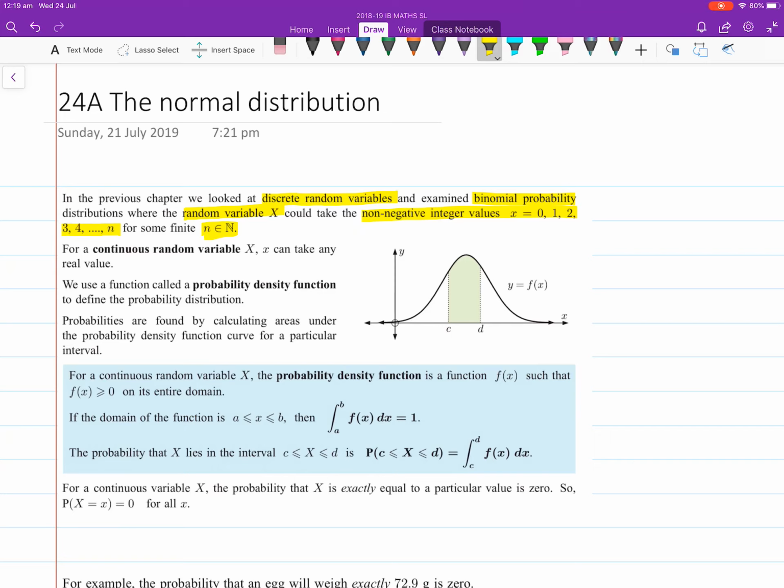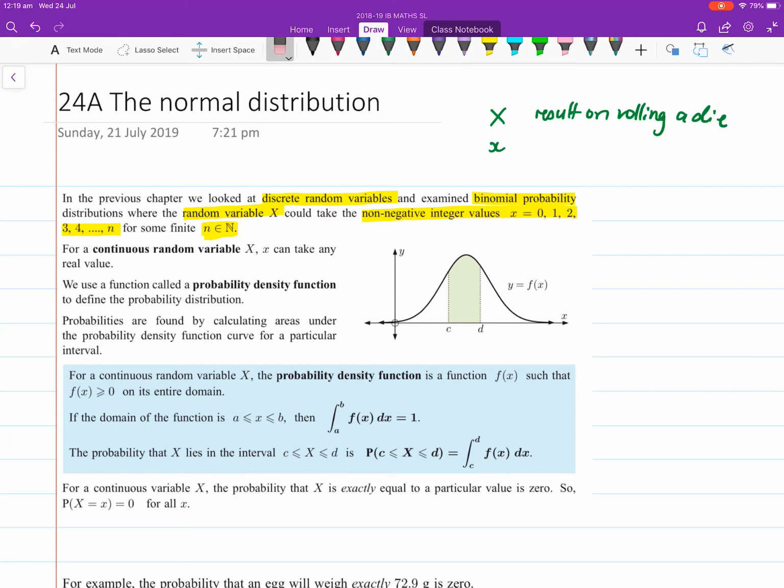So an example could be, your discrete random variable could be the result on rolling a die. But what is the sample space? What are the actual possibilities that you could get?